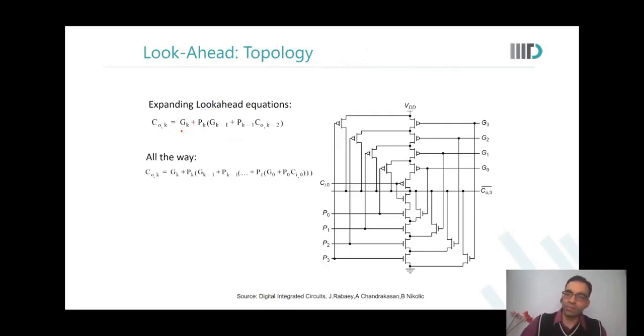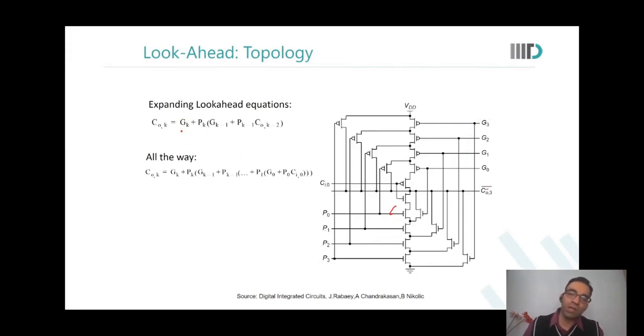So look at it over here. We are saying C out 3 bar is dependent on generate 0 to 3 and propagate 0 to 3. Now you do not need to see what propagate 1 was and whether the carry would go from propagate 1 to propagate 2 and all that. It is already inbuilt into your one complex gate. And you could have C output there right away. Okay?